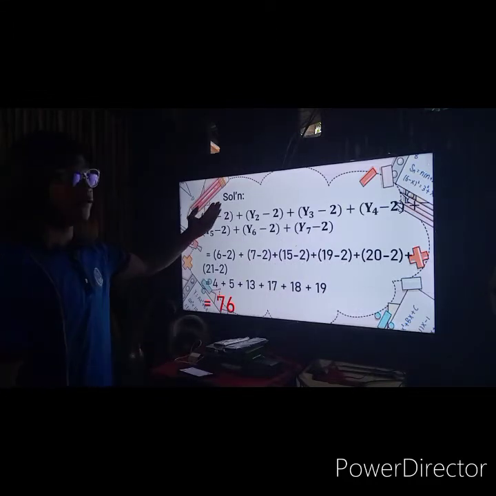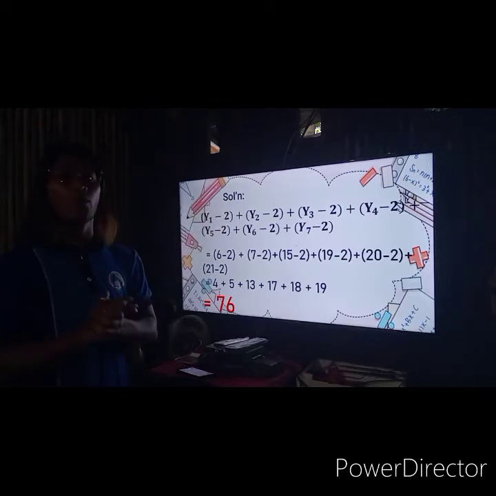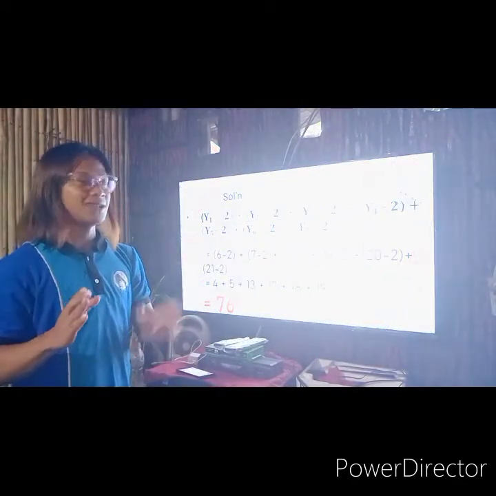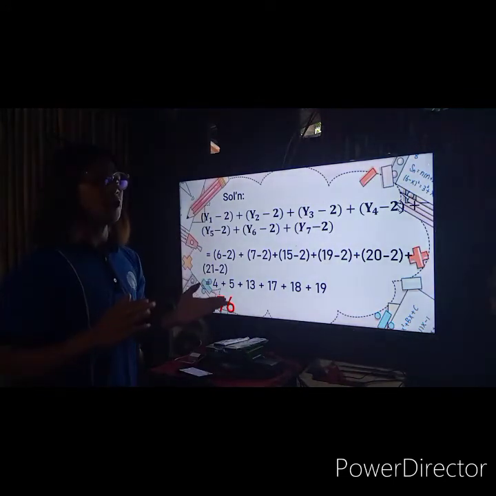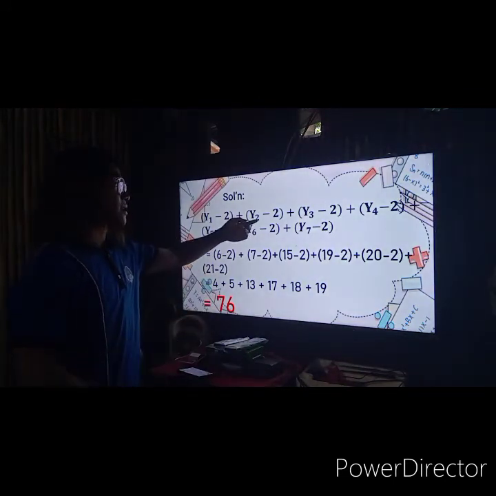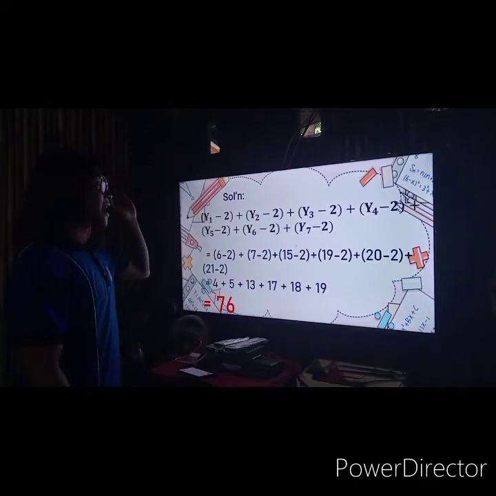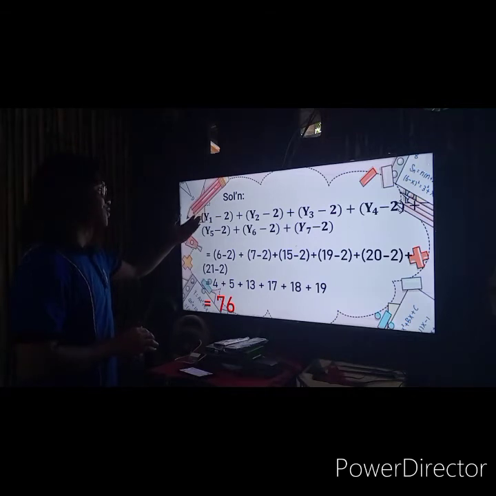So here's our formula for our second example. Because our range is only from 2 to 7, our formula should start with y sub 2 minus 2. But because I committed a mistake in typing this presentation, I'm so sorry, I put the y sub 1 minus 2.